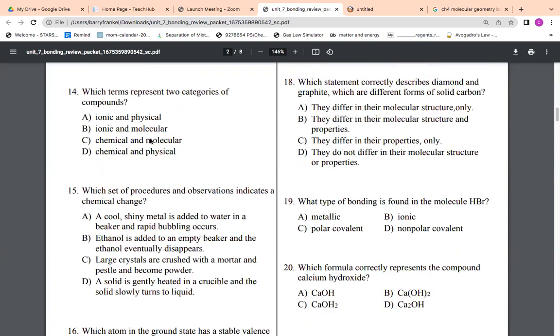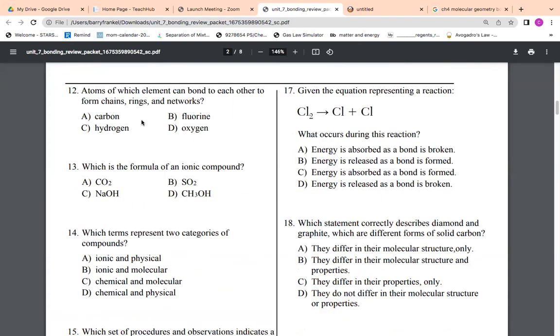Alrighty. Number 17, given the equation representing a reaction, we see that we have diatomic chlorine being broken up into two atoms of chlorine. So they're asking what occurs during this reaction. This is where you want to use BARF.